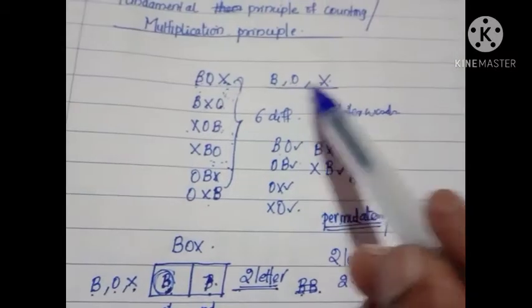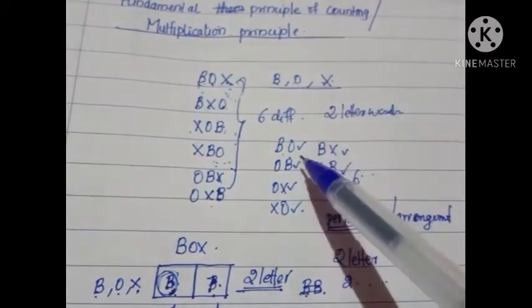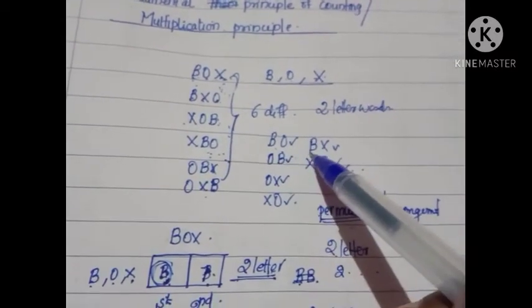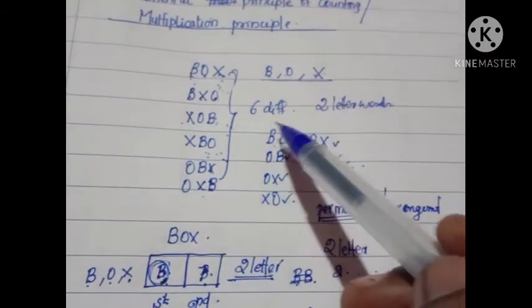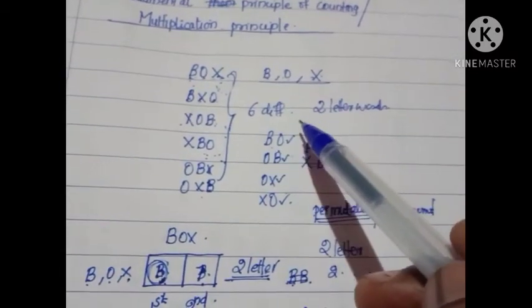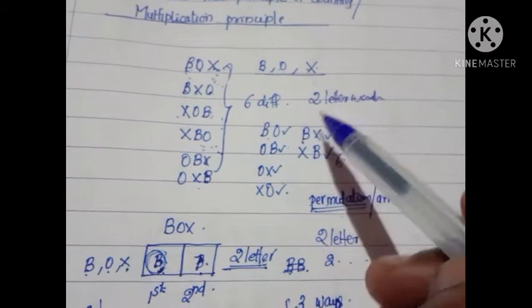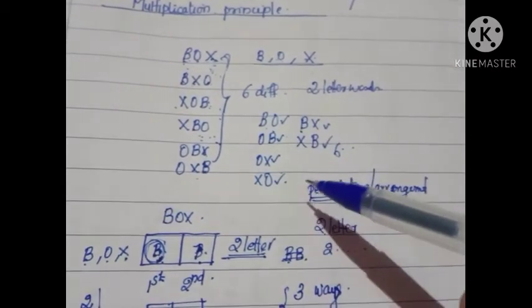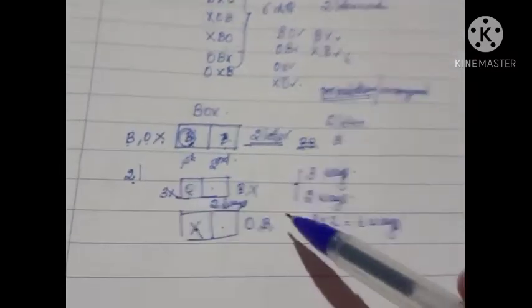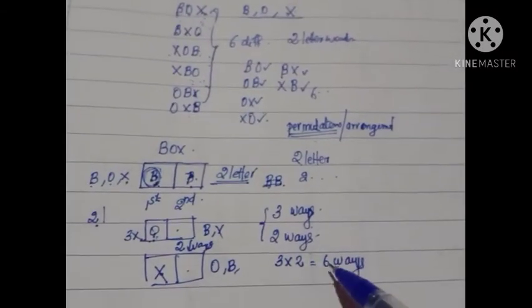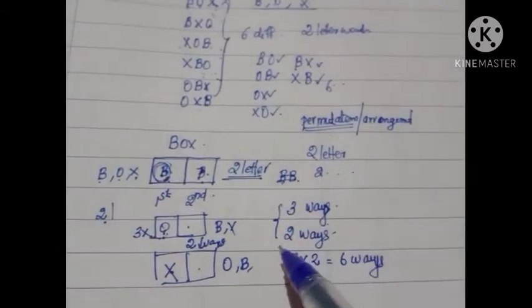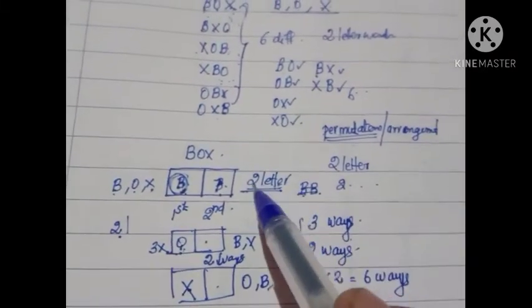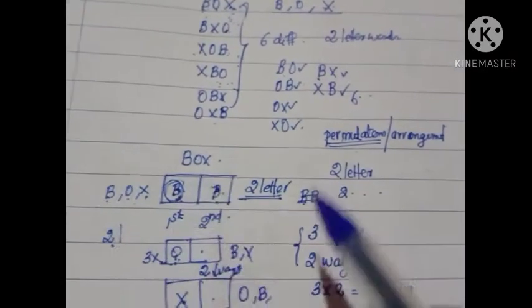See, this is a simple word, that's why we can easily arrange all the words. Okay, if it is a huge, large word, it is not possible to arrange all the words at a time. So in this case we introduce the multiplication principle to find the total number of arrangements using different letters of the given word.